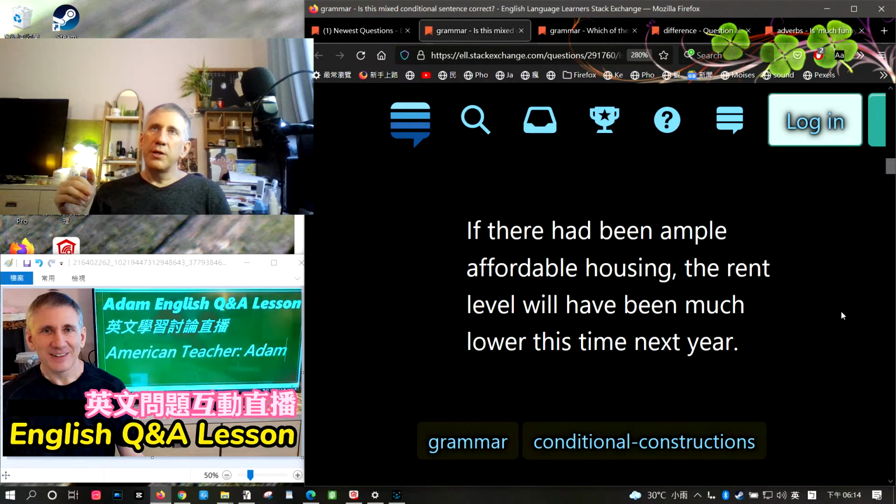Notice I used if it rains. So I used present simple in the if clause, and I used future tense, we will call off the baseball game, in the main clause. So this is a type 1 conditional, and it's used for things that are likely to happen in the future.